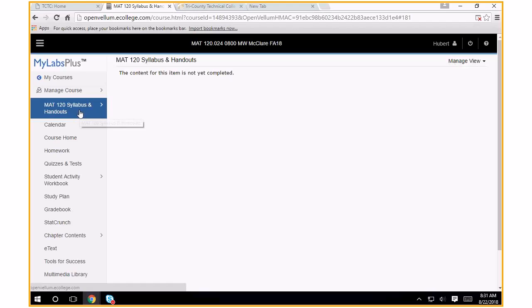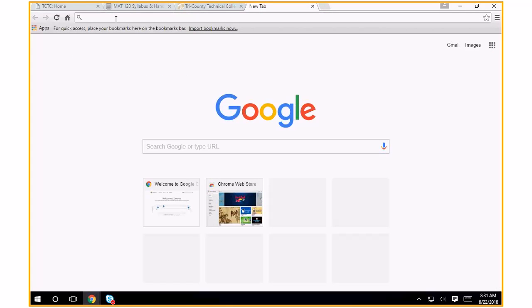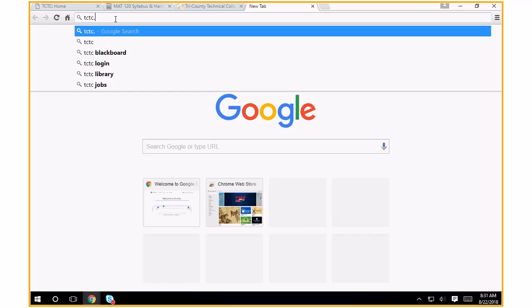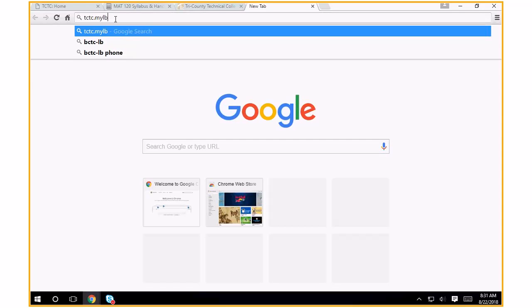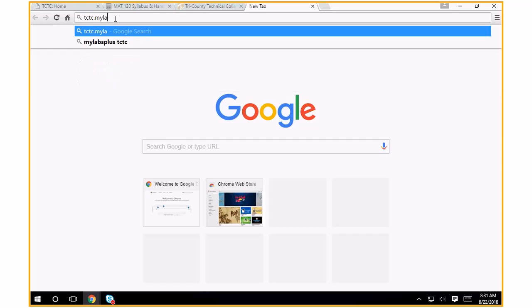Now, the three things: once you have gone through this and you go through the access code and type in the access code, that means you are officially in My Labs Plus. You are officially a student in My Labs Plus. After that, you go to tctc.mylabsplus.com. I can't type, I can't spell, and when you put those two together, you suck.